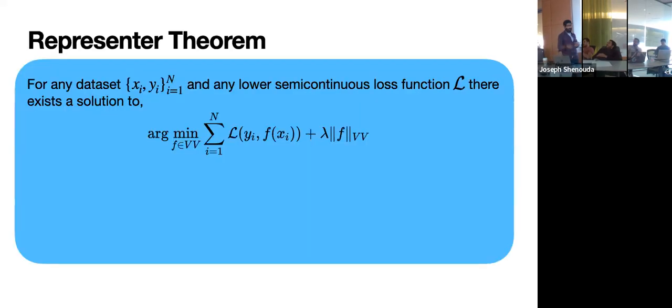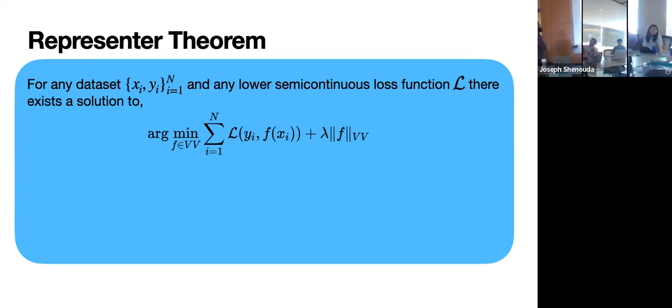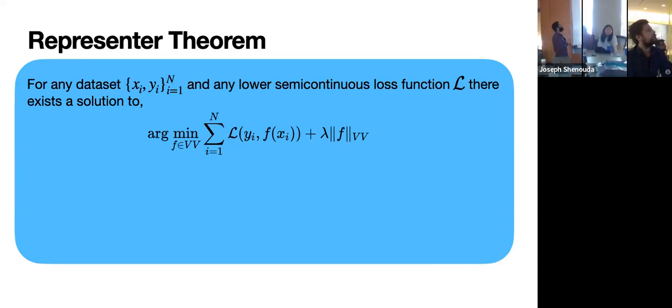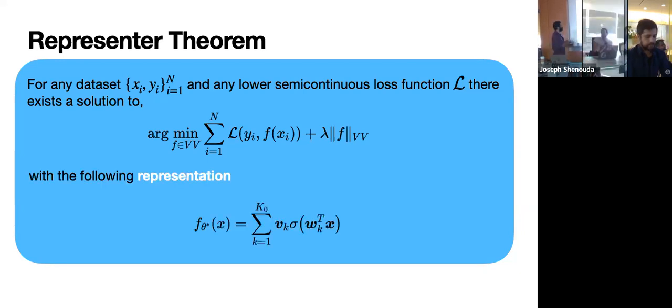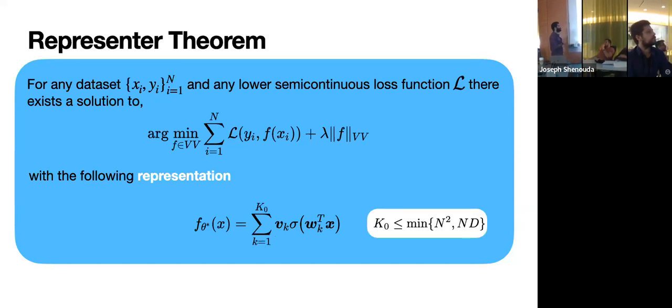So we have a representer theorem, which basically tells us for any data set of (x_i, y_i) pairs, where these are now vectors, and any lower semi-continuous loss function L, so think of all the loss functions that you're familiar with, cross-entropy loss, MSE loss, etc. there exists a solution to this problem written in variational form that admits the following representation, which is exactly a neural network with k naught neurons. And the important thing here is that the number of neurons you need is less than or equal to the minimum of either n squared or n times d.